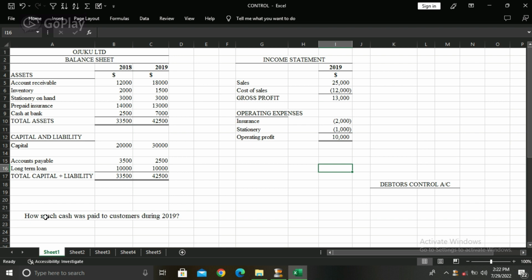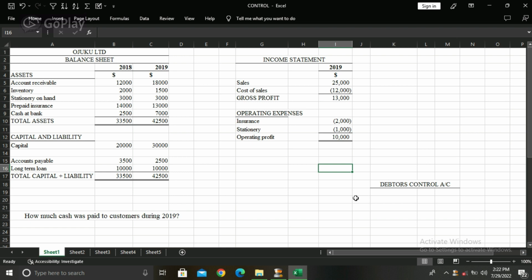This is the question that we are dealing with on this particular page. How much cash was paid to customers during 2019? So here is 2019. The customers are our debtors.